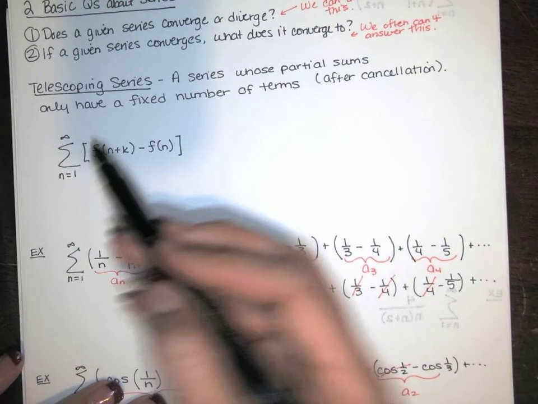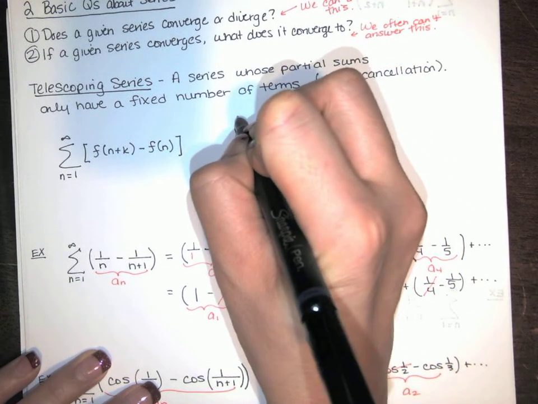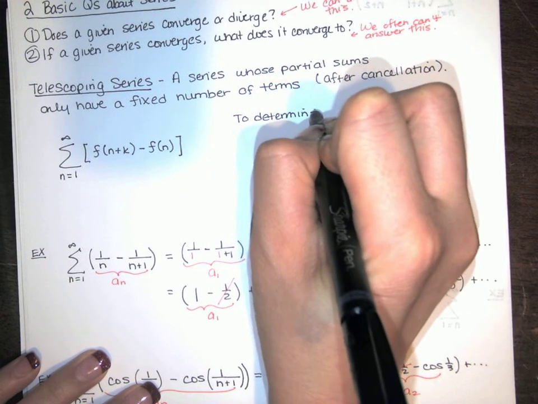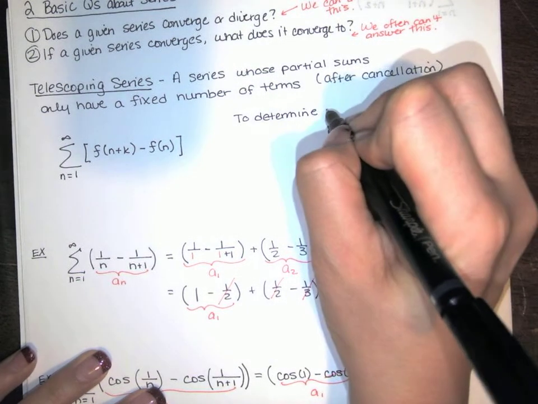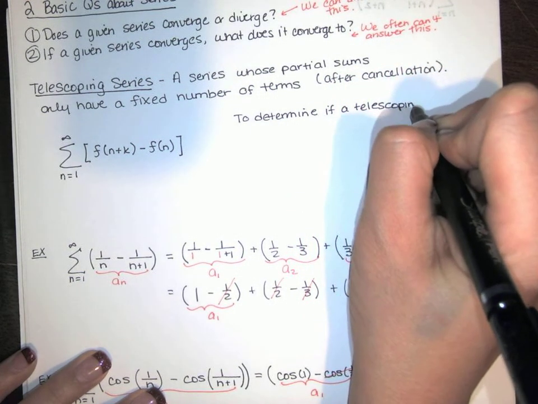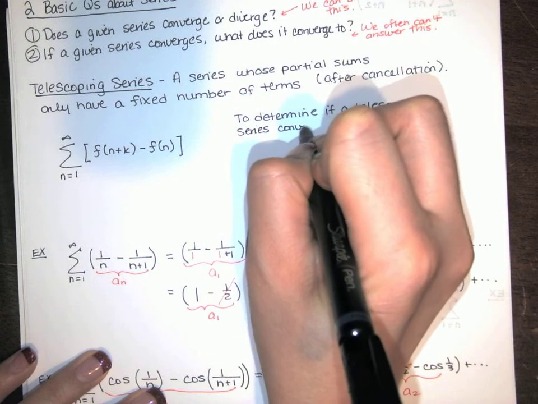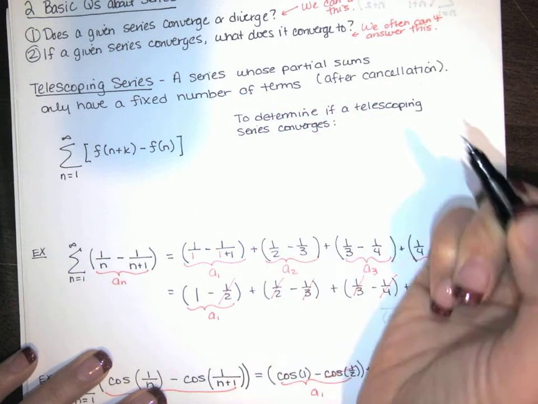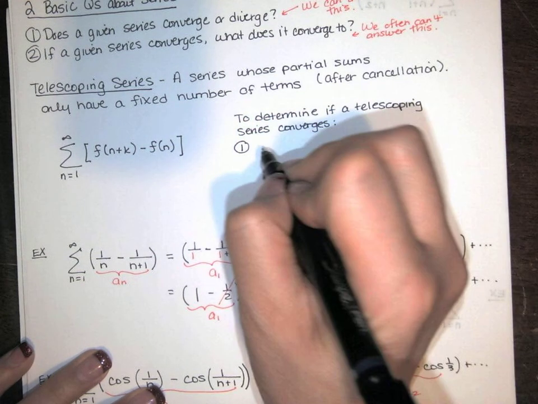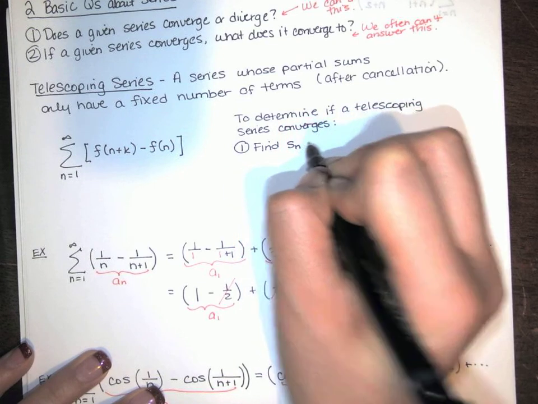This video is about telescoping series. They have this form. Let me outline what I just said. To determine if a telescoping series converges, we're going to do two things. You're going to find a formula for the nth partial sum.